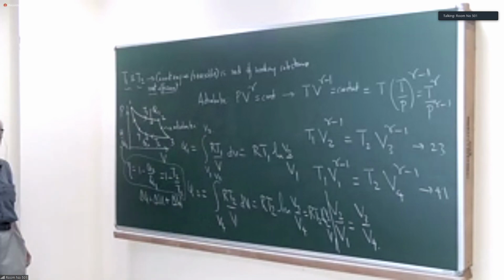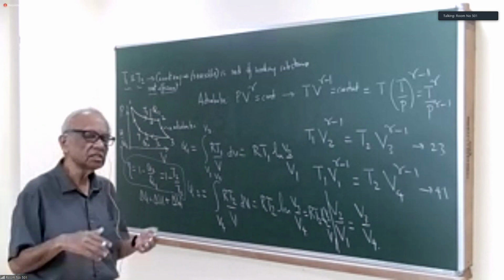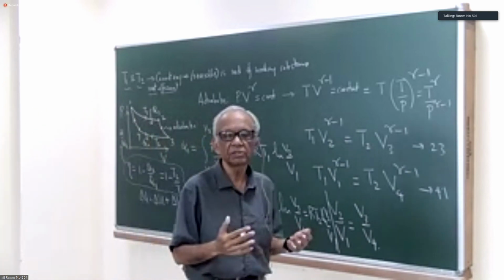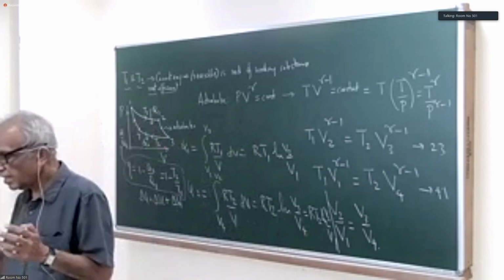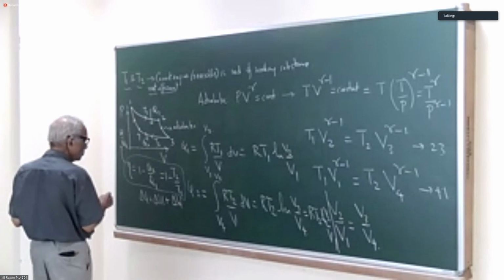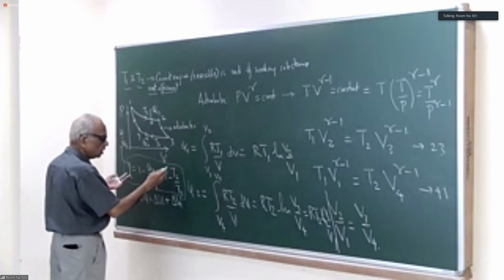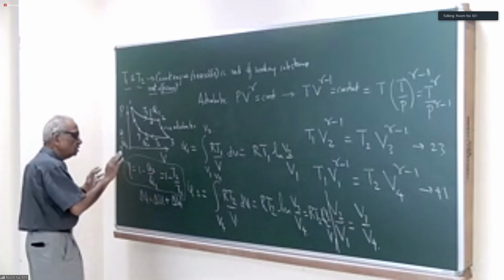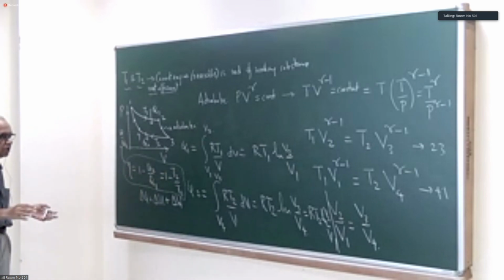Therefore, you calculate it with the ideal gas and you have the general result that, independent of the working substance, the Carnot engine has efficiency 1 minus T2 over T1, determined by the temperatures of the two baths that it connects. So that is the Carnot engine efficiency, which is an important result.